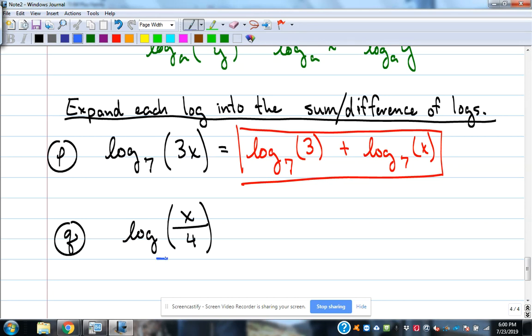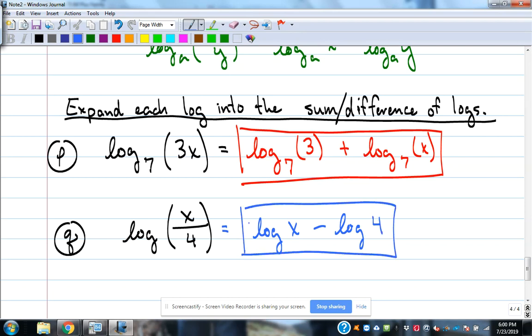What's it going to be? 10. We understand that that's log base 10. I bring that up just so that you make sure you're remembering that, because it's going to come in play here not too long from now. So we got a division problem. Be log of x minus log of 4. And we've expanded it.